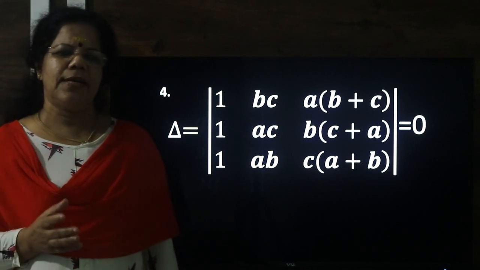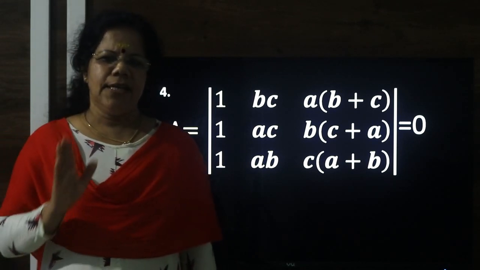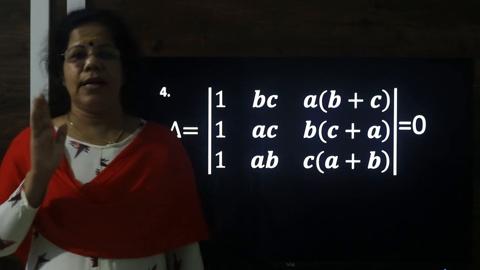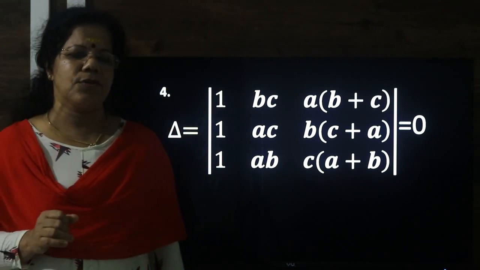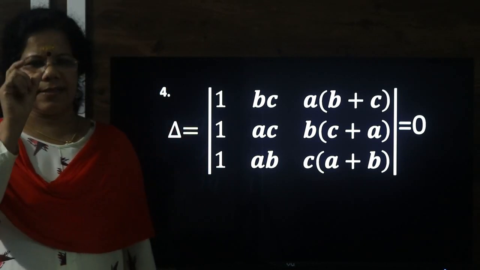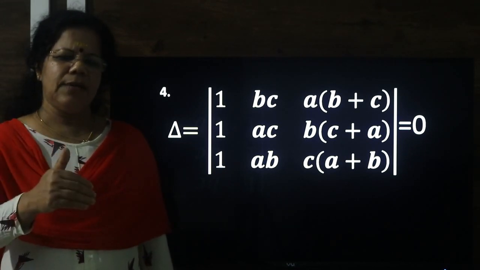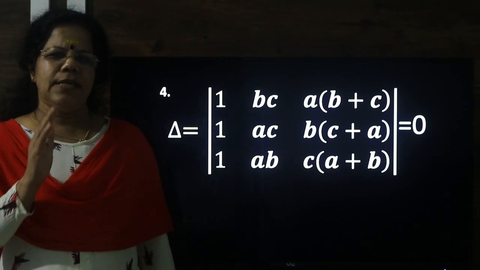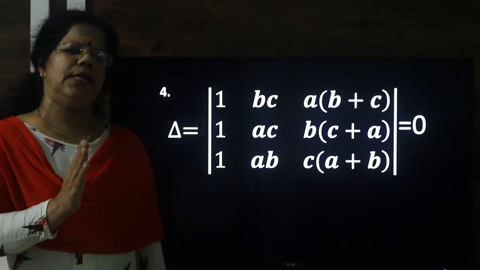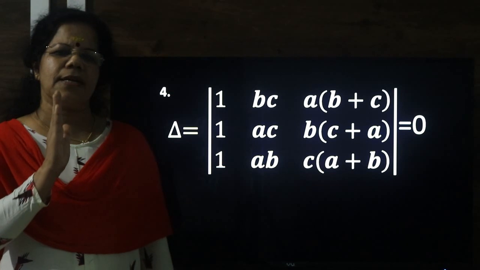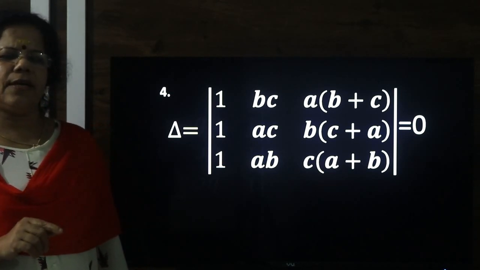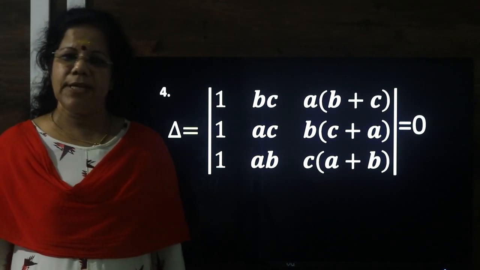Now, one method I am telling: when I observe, I felt that if I add those two, I will be getting the same element, AB plus BC plus AC. So AB plus AC plus BC, if you take it outside, the second column becomes 1, 1, 1. Already the first column C1 is 1, 1, 1.